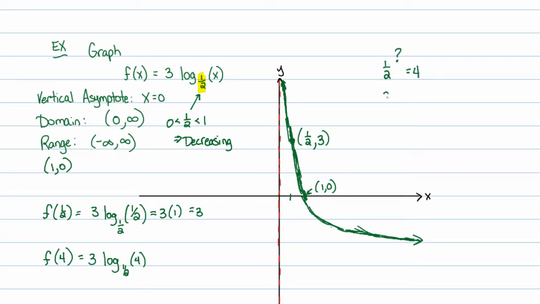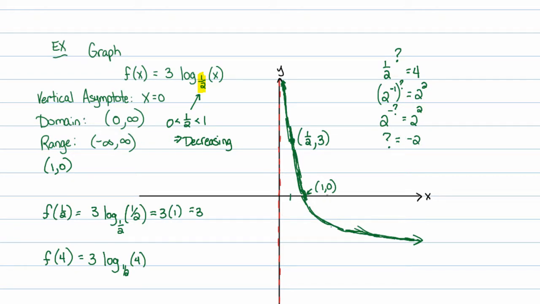Remember, 1/2 is the same thing as 2 to the negative 1. So 2 to the negative 1 to what power is equal to 4, which is the same thing as 2 squared? Or in other words, 2 to the negative question mark is equal to 2 squared. Well, now I can see it. That question mark has to be a negative 2. 2 has to equal negative question mark, means that question mark equals negative 2.